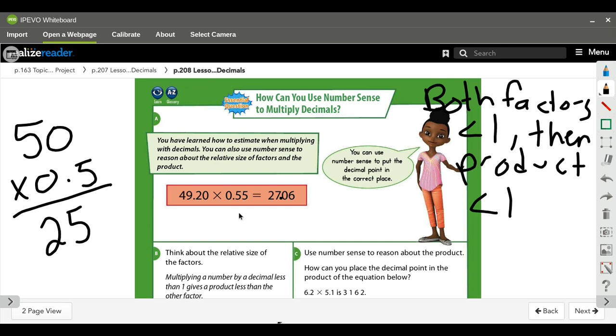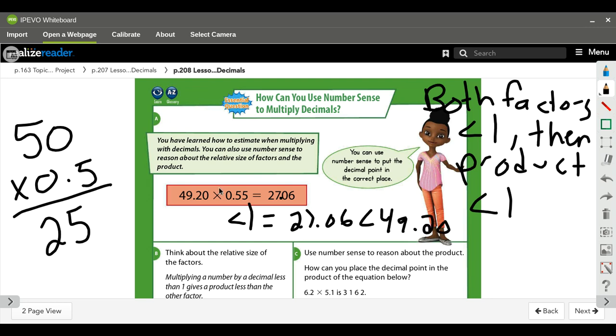So 55 hundredths is less than 1. And so when I multiplied 49 and 20 hundredths by 55 hundredths, I got 27 and 6 hundredths. So because 55 hundredths was less than 1, 27 and 6 hundredths is going to be less than 49 and 20 hundredths.